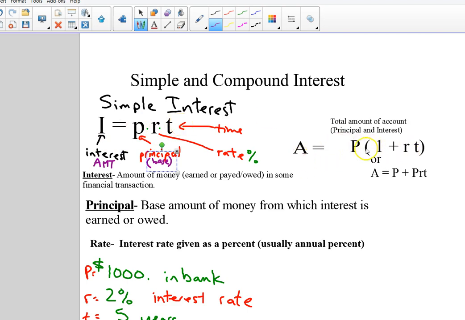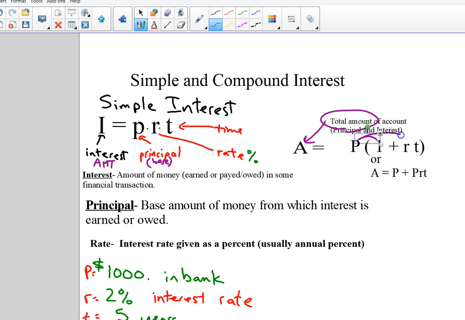Another formula for simple interest is calculating the total amount in the account, principal and interest together. Whereas in the first part you're just calculating how much interest is earned, the A is the total value of the account. Here the principal is still P, so A is the total amount that the account is worth, and it's P times 1 plus RT.